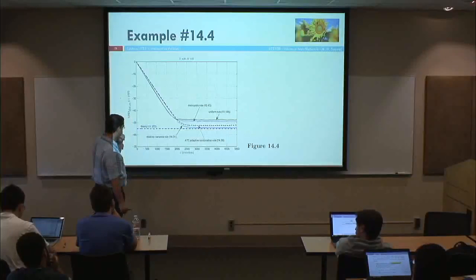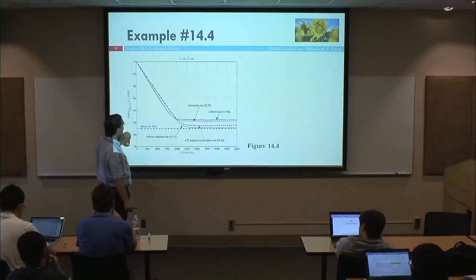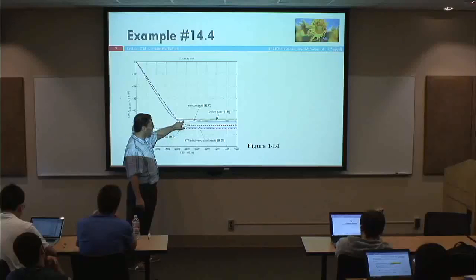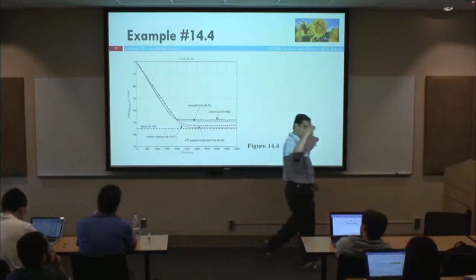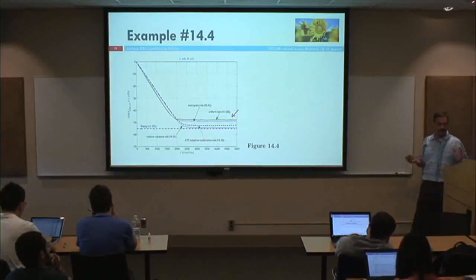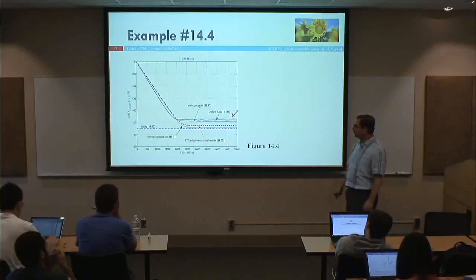Now, let's look first at the black curve, which is the highest. Here I'm using a static combination policy, which is the uniform policy, right? That's the performance you get.